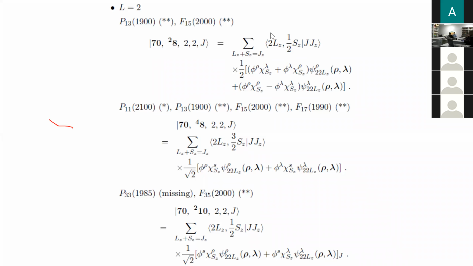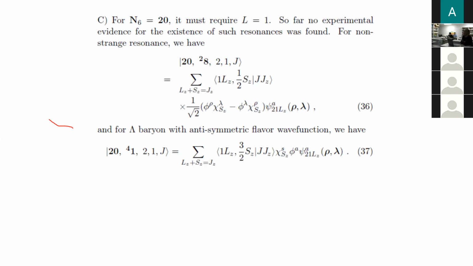This looks a little bit more complicated, but still, all the wave functions follow the rule that interchanging the quarks keeps the spin flavor and the spatial part symmetric. I'd like to mention these multiplets.